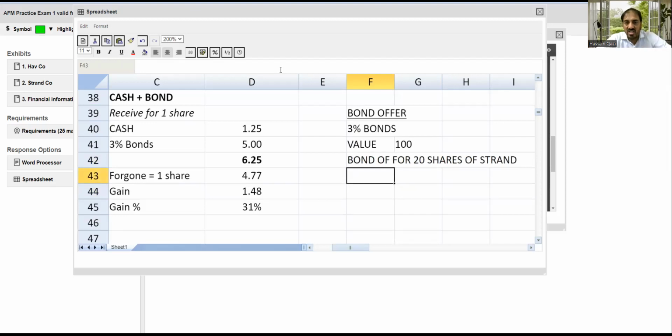Based on this information, I have a question for you. Do reply to me, what does the company offer in 3% bonds over each share?